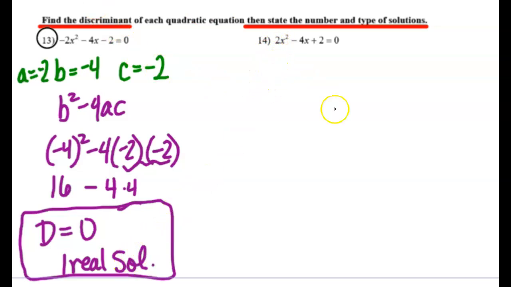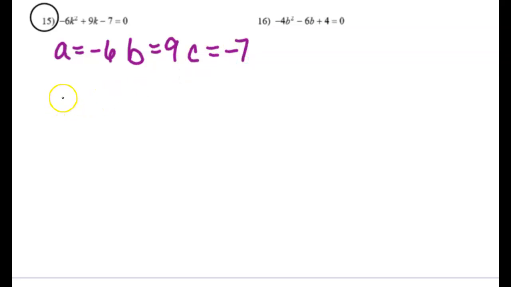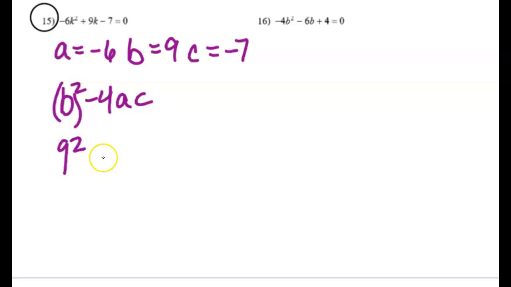I'm going to skip down to number 15. Can you try this one? A is -6, B is 9, and C is -7. So B squared minus 4AC would be 9 squared. We really don't need parentheses because it's not negative.